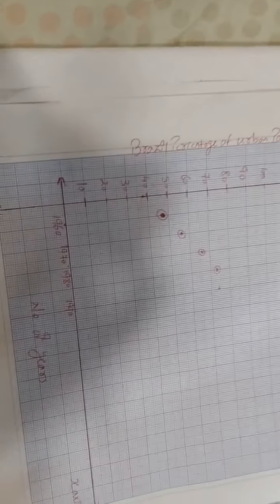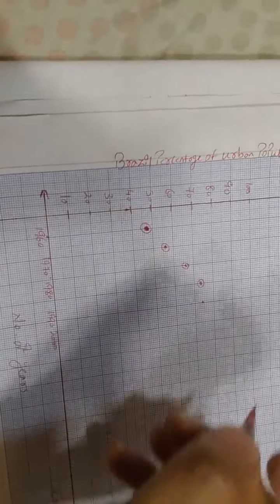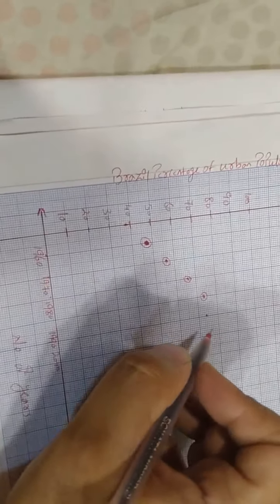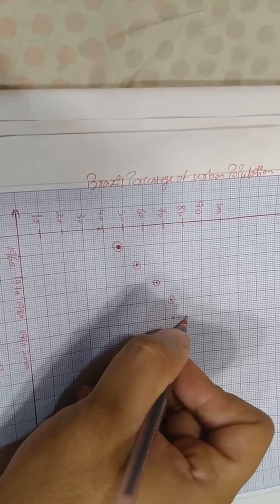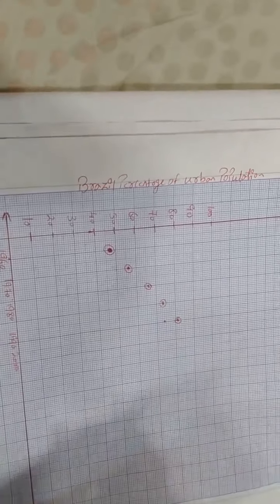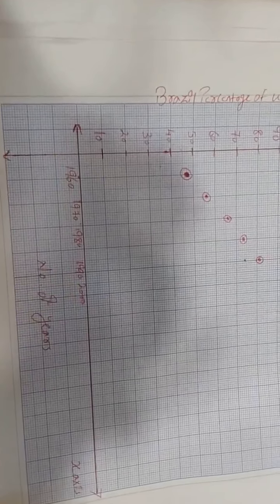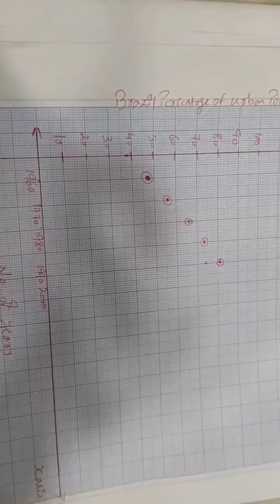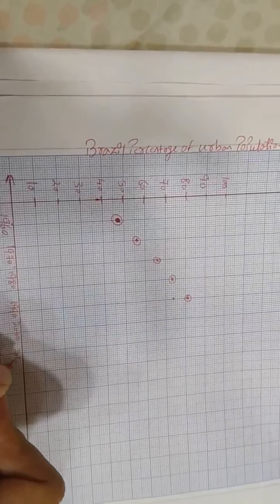That is your 1990. Coming to the year 2000, it was around 81. It will be somewhere around here, 81. Then the last one, that is the year 2010.